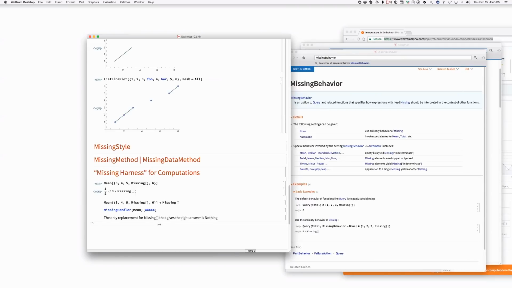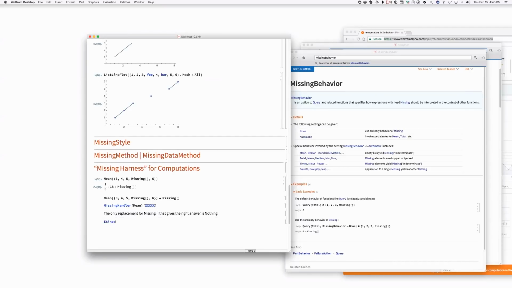Instead you do map propagate missing, or let's call it handle missing, and f, and then you put a list. And if any of them is missing, it won't make f of missing.